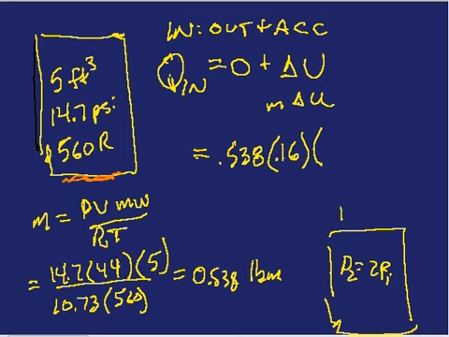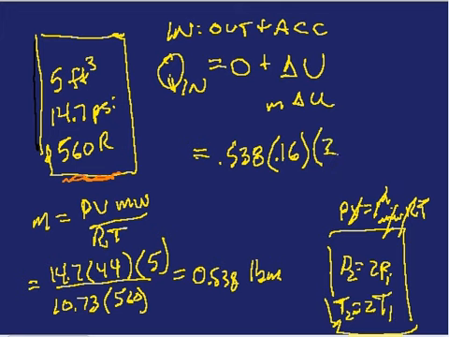So these all constant, P proportional to T. So the temperature also must have doubled. T2 equals 2 T1. So this would be 2 times T1, which was 560, minus T1, which was 560. And that whole thing, when you multiply it all out, comes out to a total Q of 48.2 BTUs.